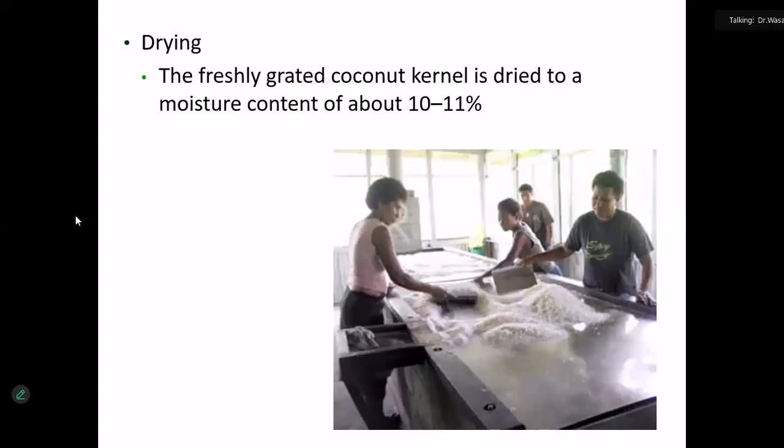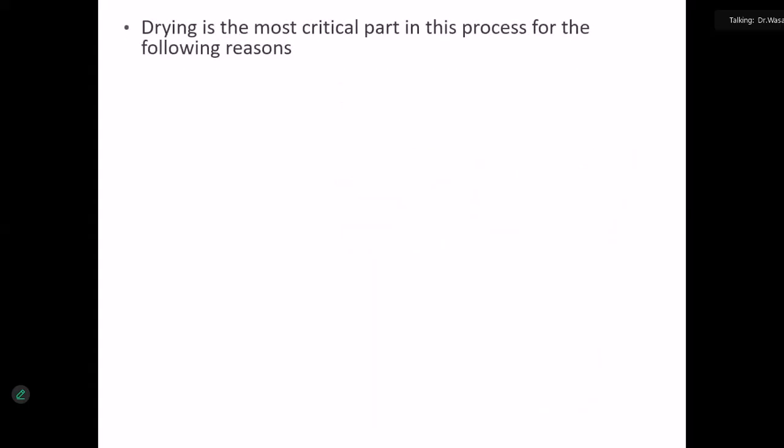Then what do you do? Drying. You can dry to 10 to 11 or 10 to 12% in a small dryer. At domestic level, you can dry in a normal way. Drying is the most critical part in this process.